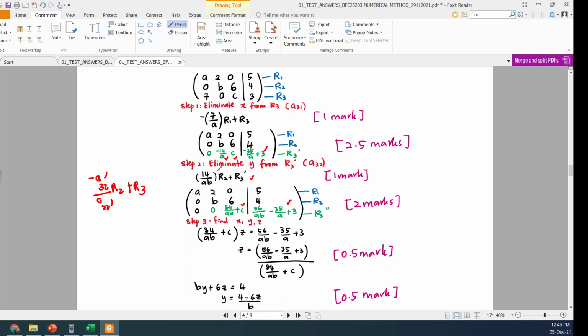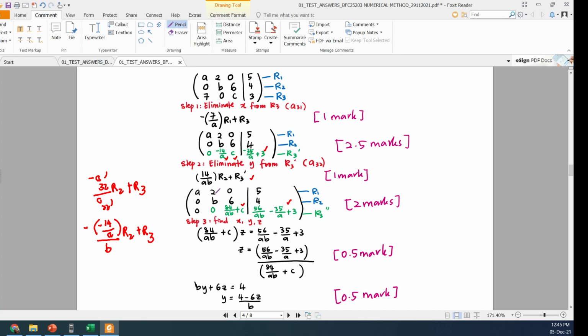So A32 is negative 14 over A, divide A22 prime, which is B, multiply row 2 plus row 3. So negative negative become positive. So 14 over AB row 2 plus row 3 prime, using the latest system.